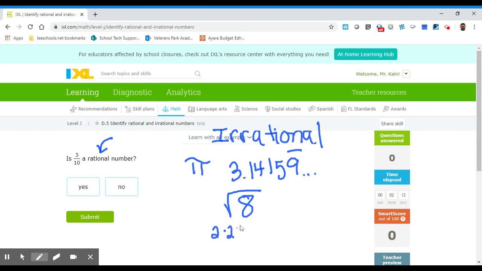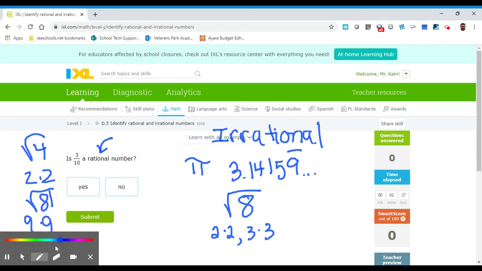Because 2 times 2 is 4, 3 times 3 is 9. So the square root of 8 is an irrational number. It's not a perfect square. On the flip side, a rational square root would be something like square root of 4, right? Because 2 times 2 gives you 4. That's a rational number. It's a perfect square. Or square root of 81, because 9 times 9 gives you 81, okay?